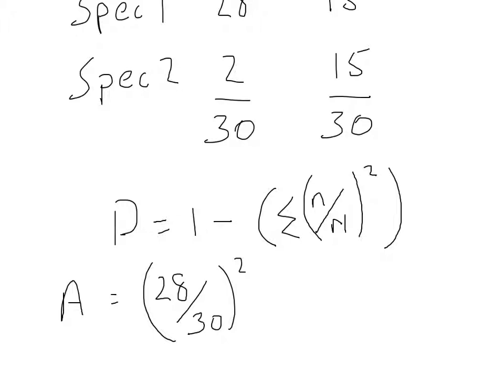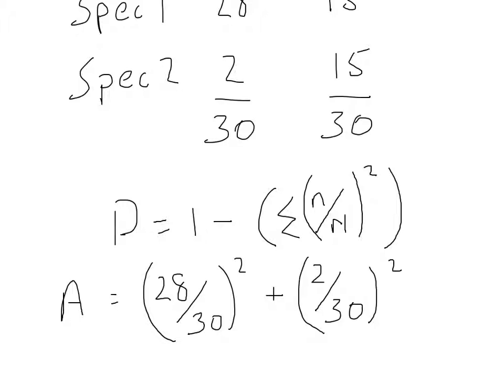Okay, so that's done for species 1, and then it's the sum of, so I do exactly the same for species 2, which is going to be plus 2 over 30 squared.